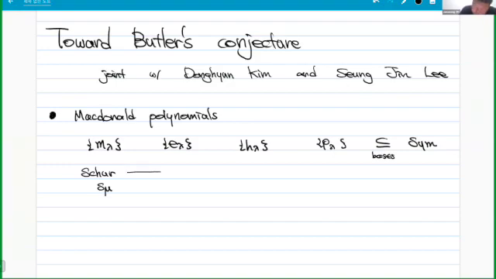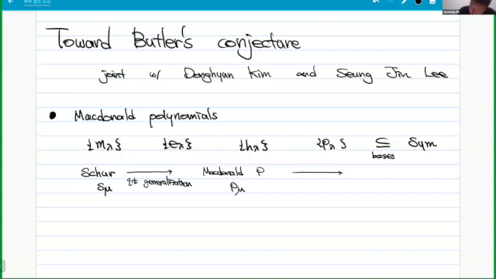In 1988, Macdonald introduced a q,t-generalization of the Schur function, which we now call the Macdonald P polynomial, denoted by P_mu, which is a symmetric function whose coefficients are rational functions of q and t.